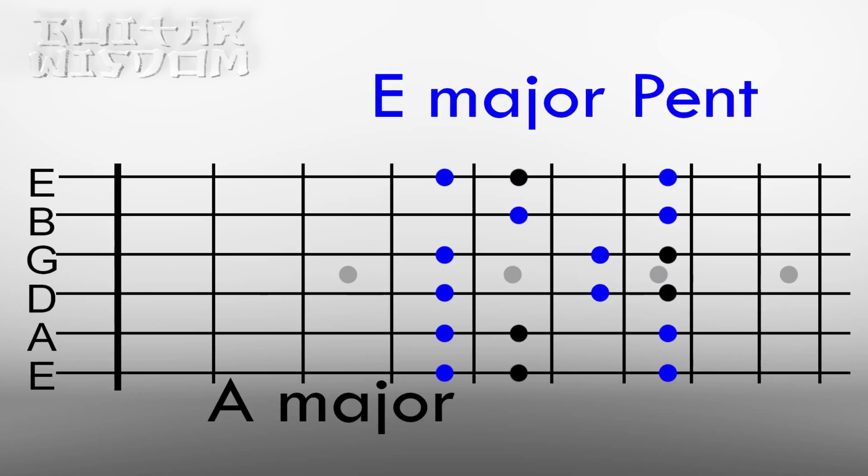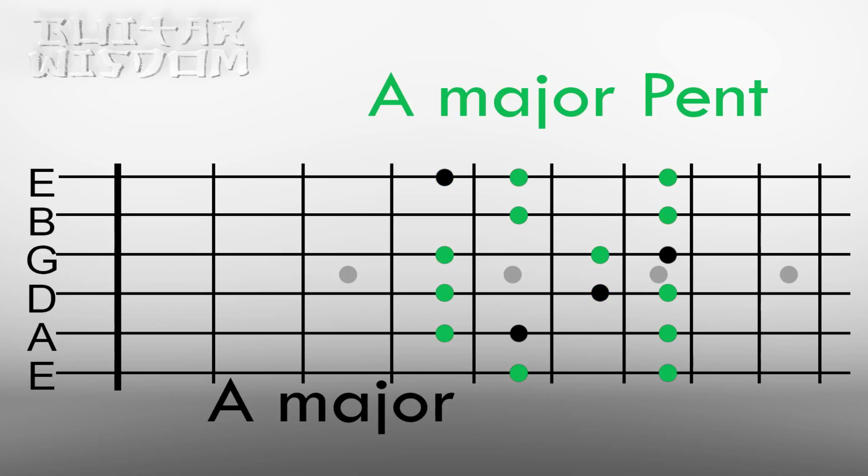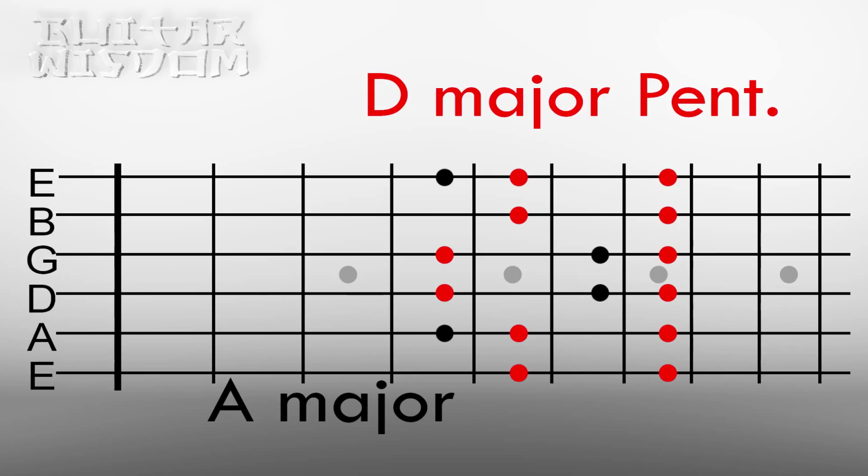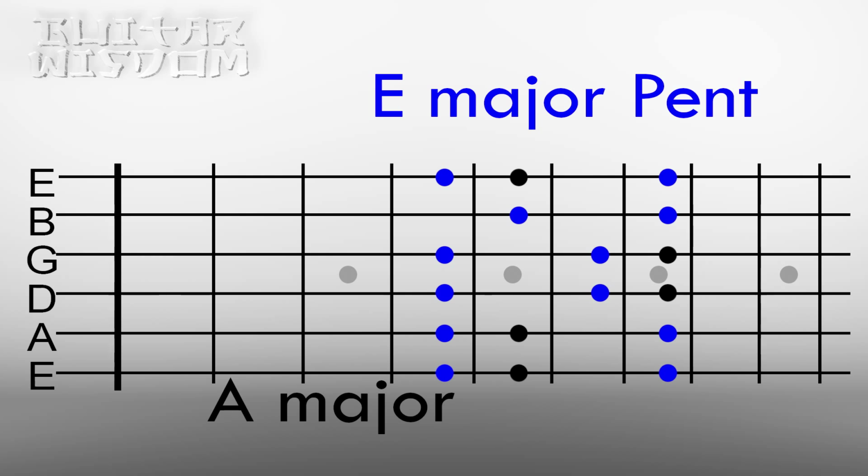Because of the notes that are left out of the pentatonic scales, none of those three pentatonics actually leaves the key of A. So I can change my mental context to a new pentatonic scale for each one of these chord sounds that comes along without actually leaving the key of A.